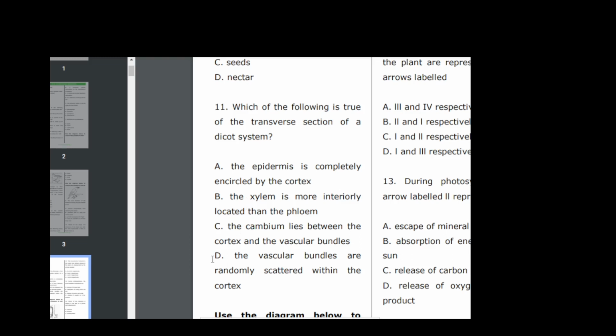So the answer to that question is B. The xylem is more, sorry. No. The answer should be D. Yes, the answer is D. The vascular bundles are randomly scattered.